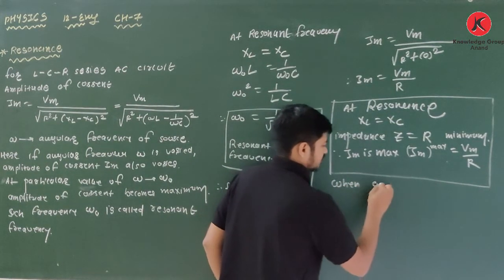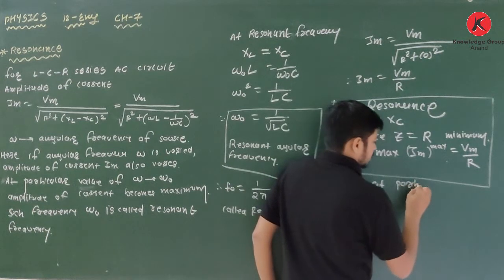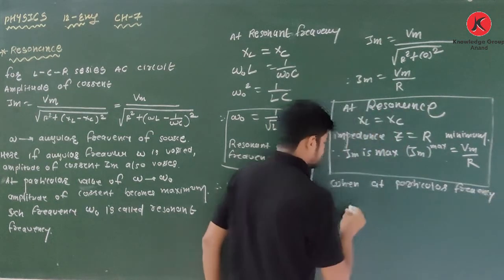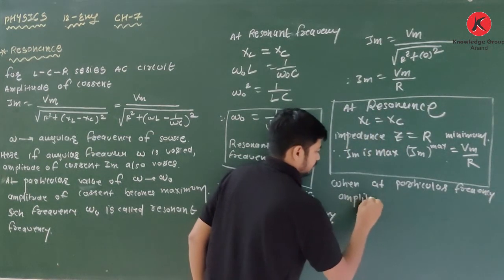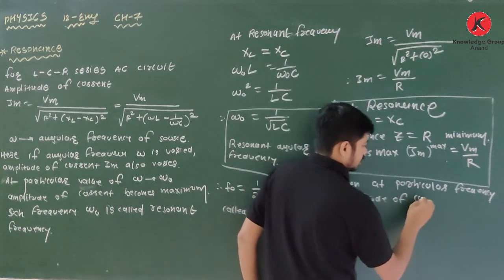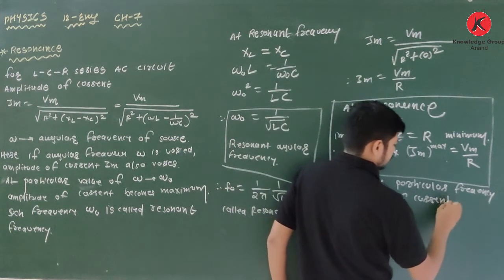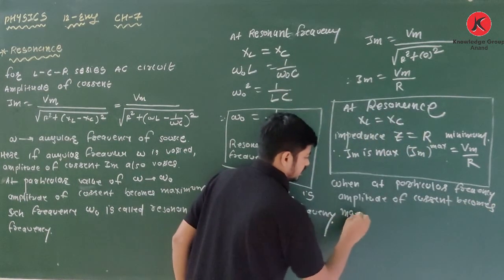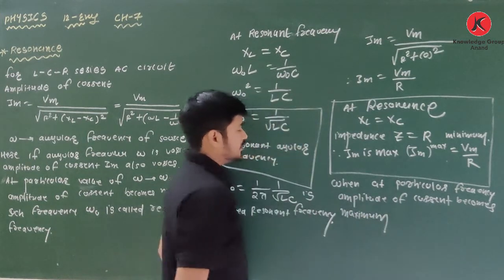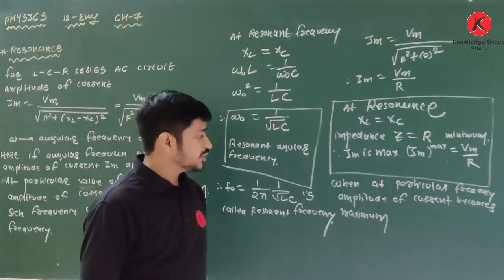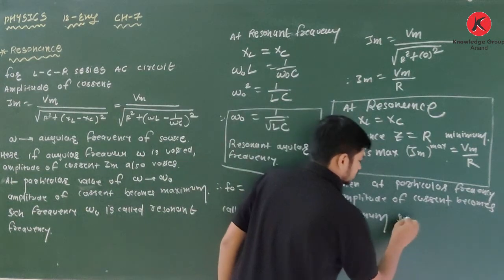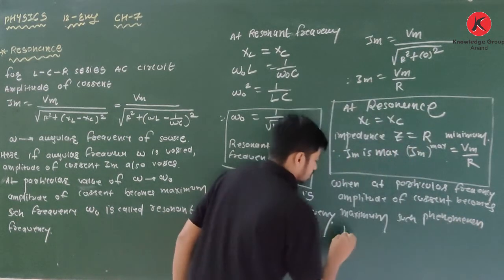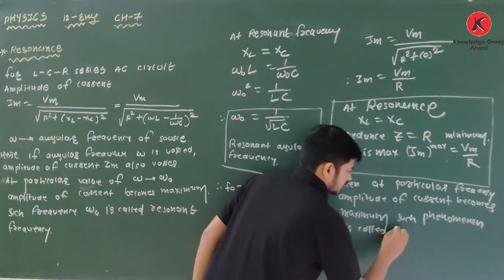When at a particular frequency, the amplitude of current becomes maximum, such phenomenon is called resonance.